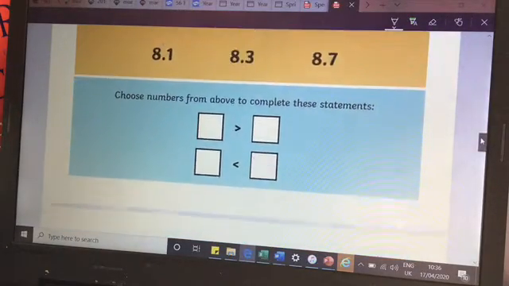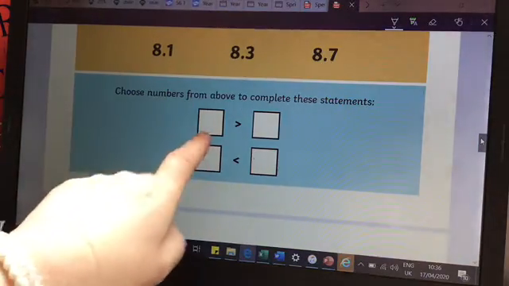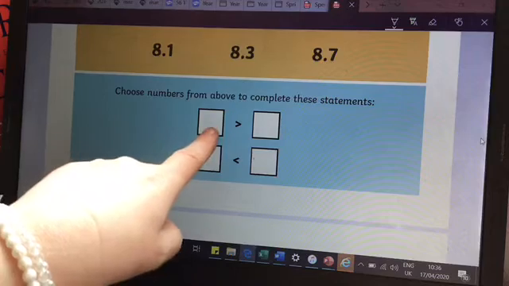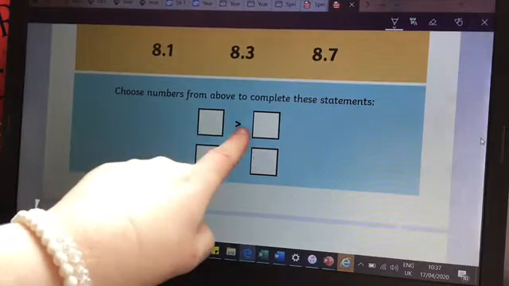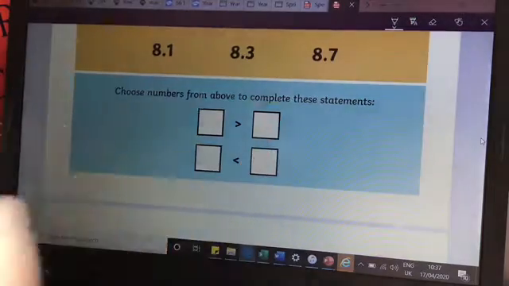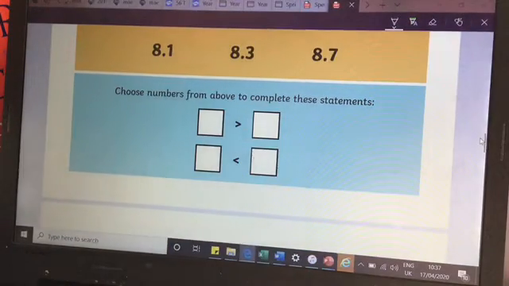Choosing from those three numbers, again, can we choose some numbers to put in these boxes to make the statements correct? Which number could I put in here that is greater than the number I put in here? I'm going to let you choose the numbers. So have a go at completing those boxes.